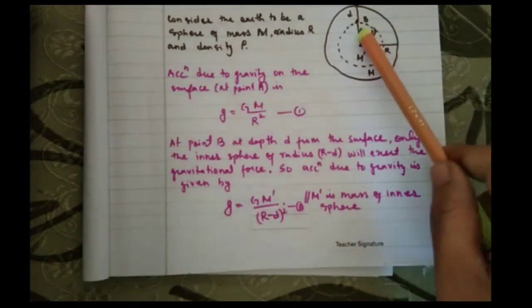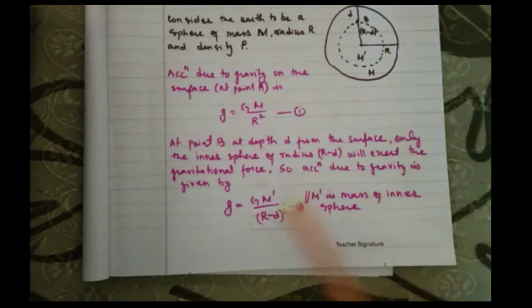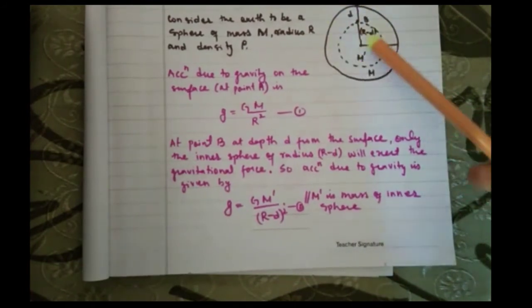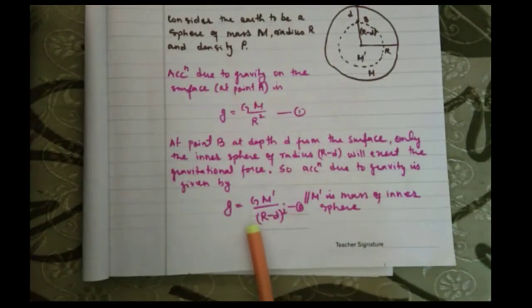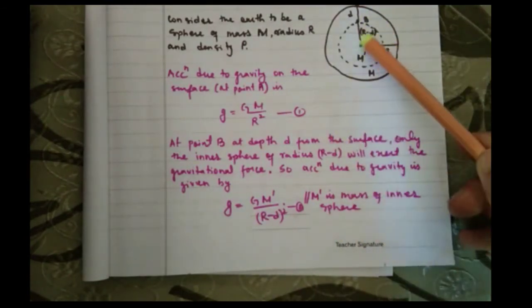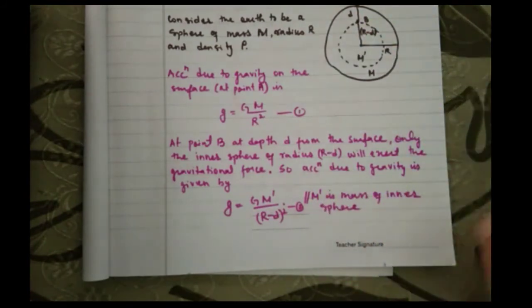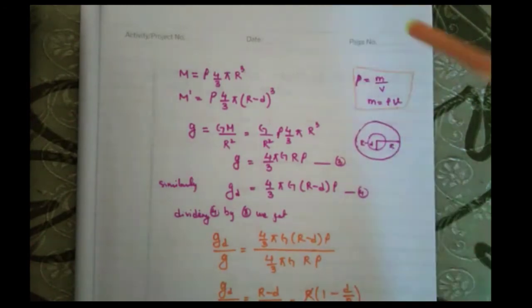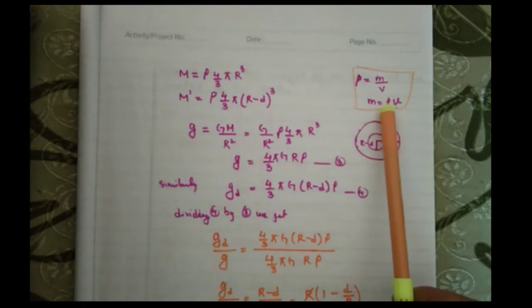So for this I can write the acceleration due to gravity at point B as g_d equals GM' by (R minus d) whole square, where M' is the mass of the inner sphere. We know density is mass divided by volume, so mass is density into volume.